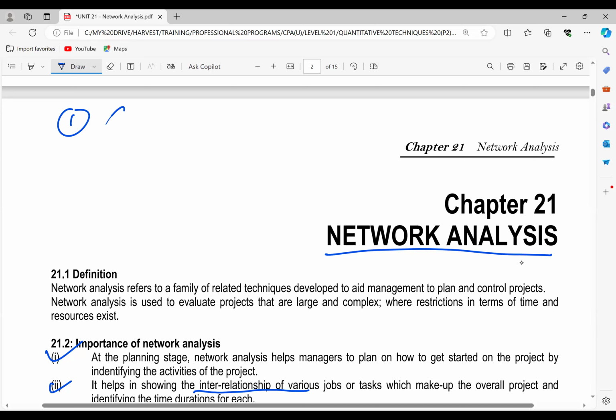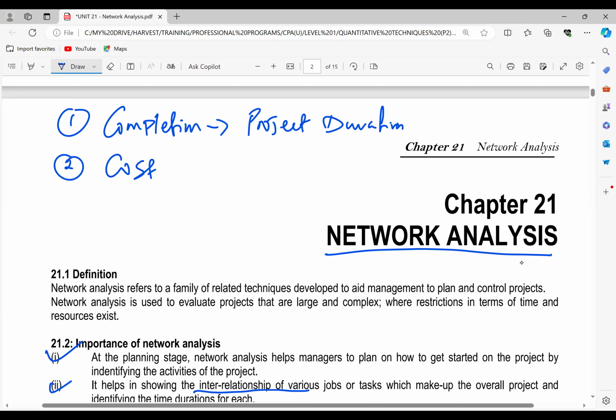One is completion, which is project duration. Cost, which is the project expenditure.